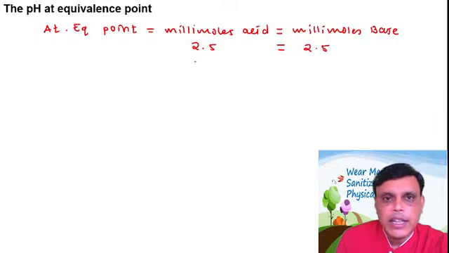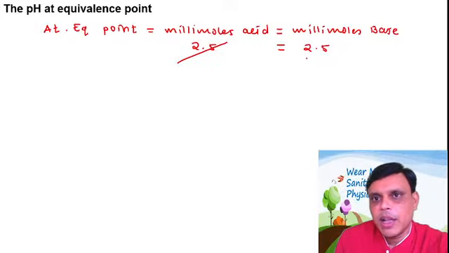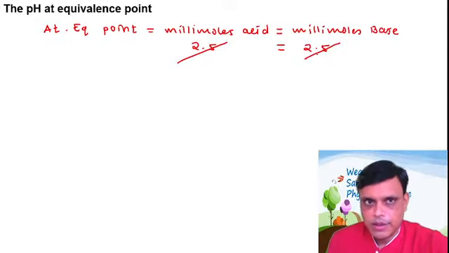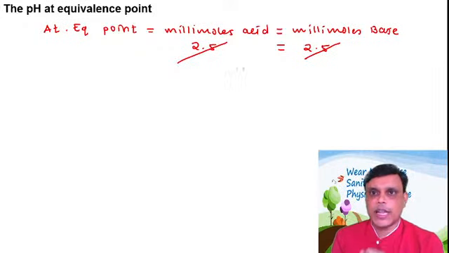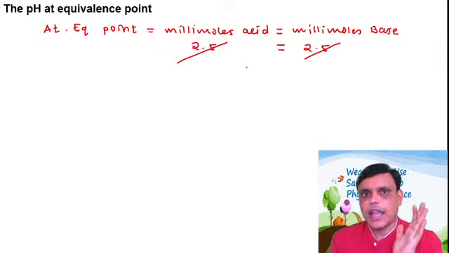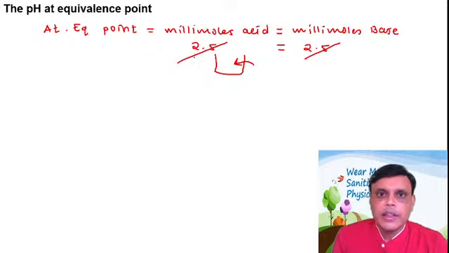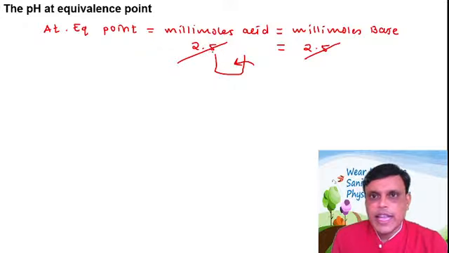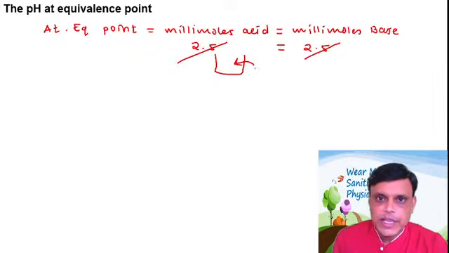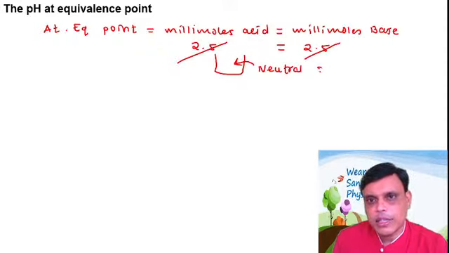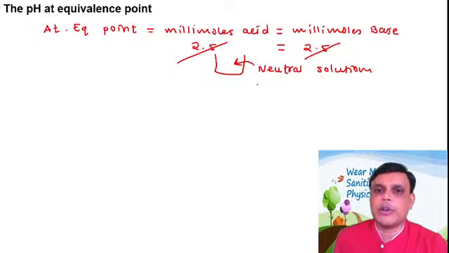That means at the equivalence point all the millimoles of acid will get neutralized by all the millimoles of base, and at this point the solution will be a neutral solution. When the millimoles of acid exactly equal the millimoles of base, that solution is called a neutral solution.